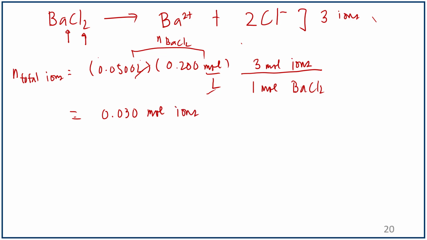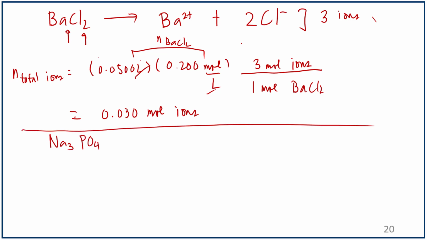And then lastly, we have sodium phosphate, and this one has a polyatomic ion. Sodium phosphate breaks up into sodium plus and the phosphate ion. But keep in mind that there are 3 sodiums, just to balance this equation. We still need to balance that equation anyway.